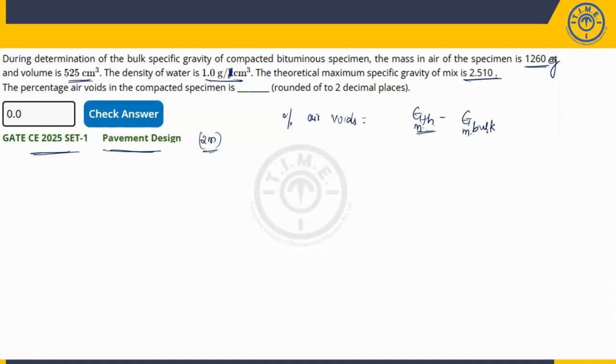G MB is the bulk specific gravity, B for bulk, upon G MTH, into 100.